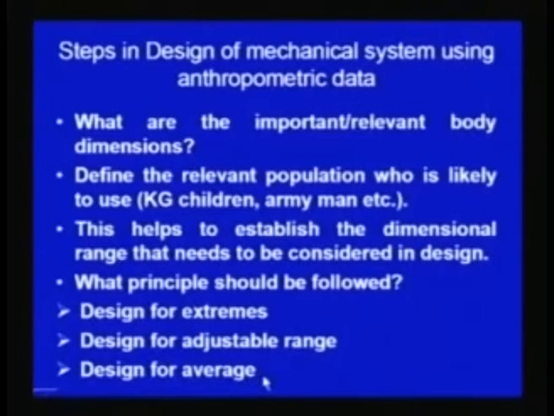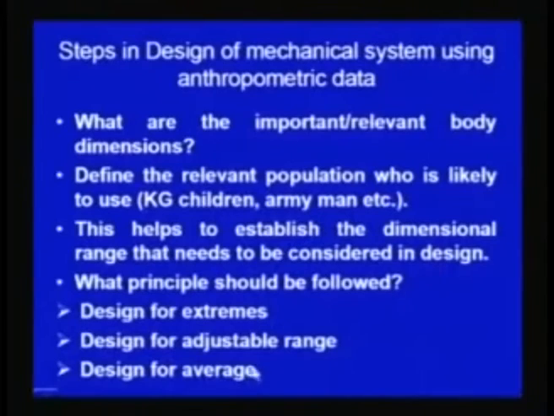The design for average principle is used when there is no specific group of population who can use a mechanical system, like a tap or the location of the switchboard in a public place. The switchboard or tap in a public place can be used by a small kid, by children, by an adult person, so a variety of people can use a given device under those conditions.